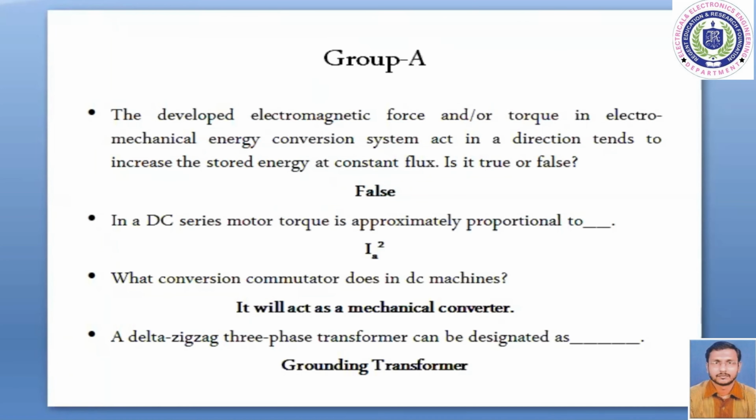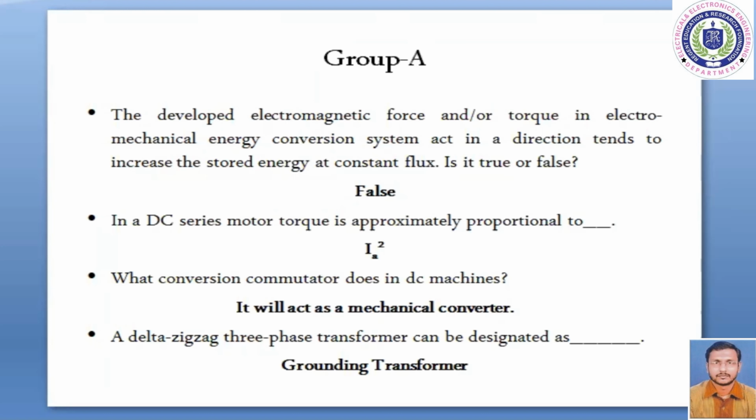Again, field flux is directly proportional to field current. And as we are talking about a DC series motor, the field current is equal to the armature current. So the torque is directly proportional to armature current squared. But the important thing you have to keep in mind is that this relation holds good for the non-saturated condition.